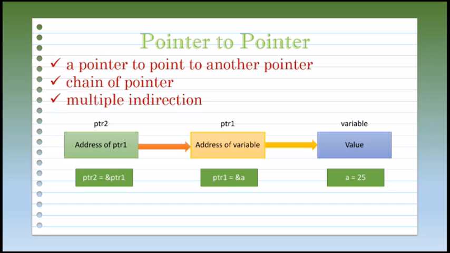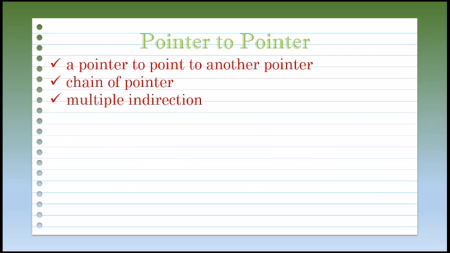Now we will see the declaration of pointer to pointer. A variable that is a pointer to pointer must be declared using an additional star operator in front of the pointer variable name.